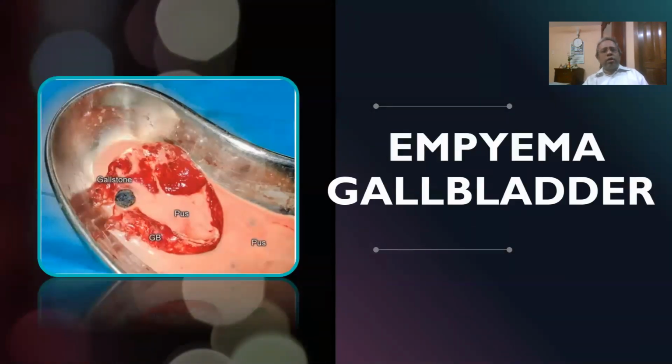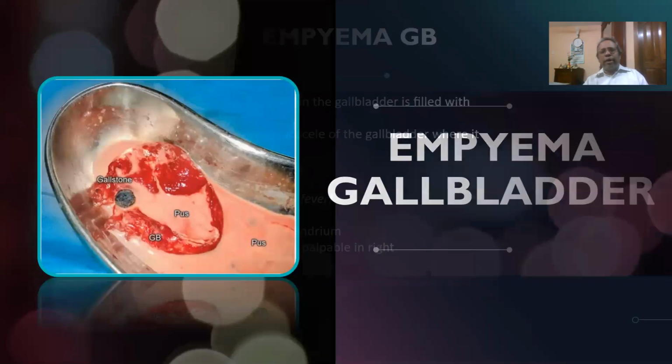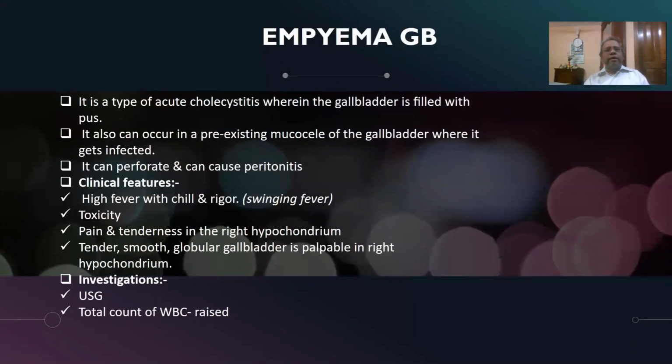So this is, look, pus inside the gallbladder, which is called empyema gallbladder. Empyema gallbladder is the sequela of acute cholecystitis, or a pre-existing mucocele may become infected and turn into empyema gallbladder. It can perforate and cause peritonitis. In case of acalculous cholecystitis, there is a chance of gangrene of the wall and perforation, causing generalized peritonitis.